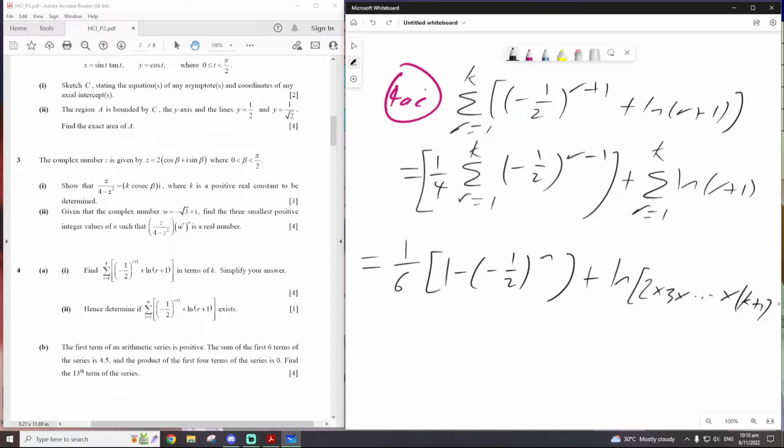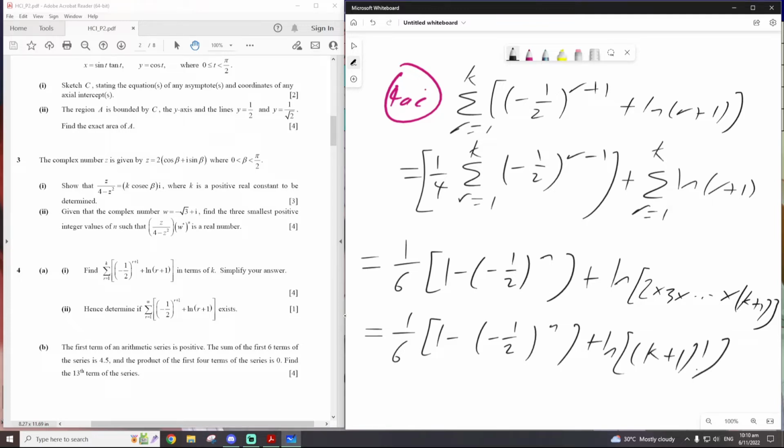So that it multiplies every number from k plus 1 all the way down to 2. And you can multiply by 1 for good measure, but it will be the same, right? So this is k plus 1 factorial. Therefore, it's just 1 over 6 times 1 minus negative half to the power n plus ln of k plus 1 factorial. Oh, and I should write, this is k, not n, sorry.